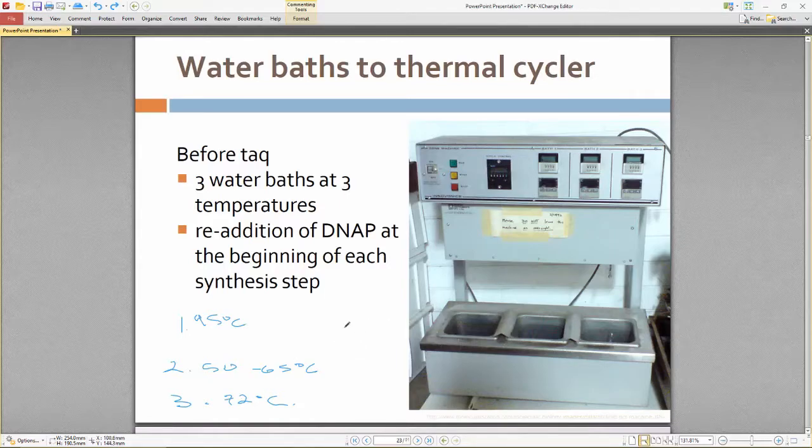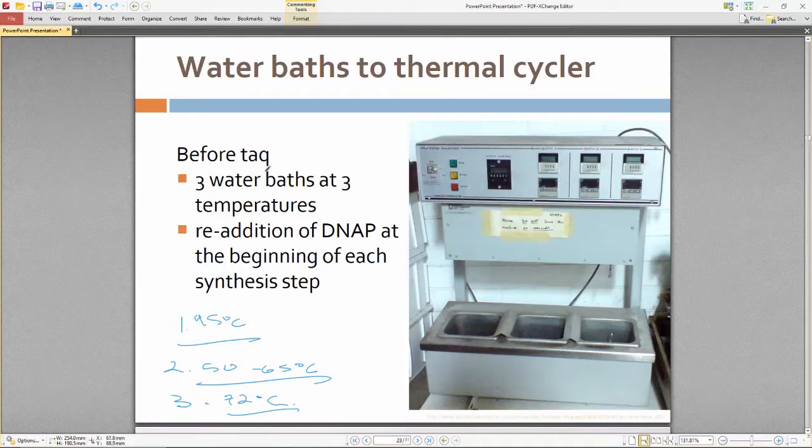So all the components go through these temperature changes together. If you had human DNAP and exposed it to a 95 degrees Celsius environment, that enzyme would no longer be functional, right? So what do you do? That's why we use Taq polymerase, which can withstand this heat and we can reuse it cycle after cycle.